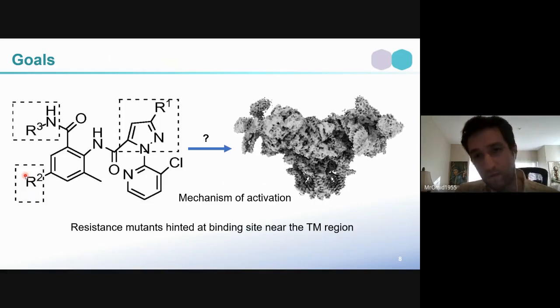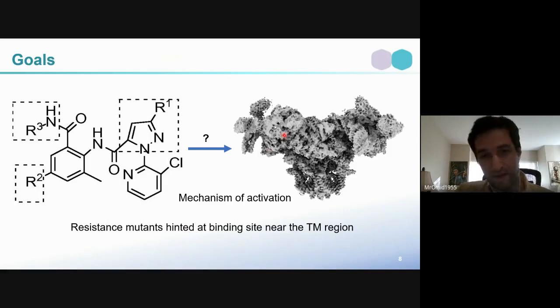So the project's goal was first to determine the binding site. There are different R groups within this compound, so maybe we can optimize the binding to be more specific to insects, perhaps even alleviate some of the mutations found in nature that get around this resistance mechanism.